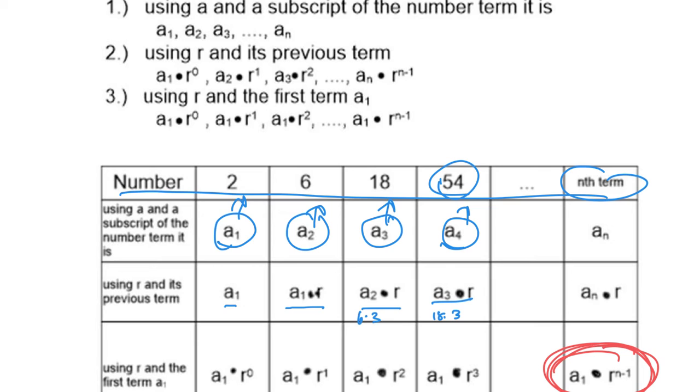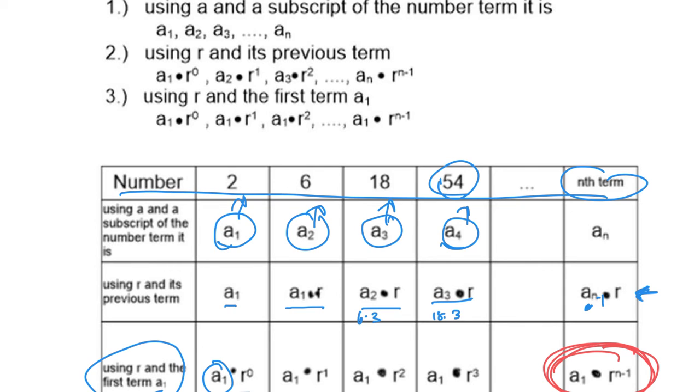So using this, whatever term you want, it should be the term before times your common ratio gets you the nth term. But for this one to work, you have to know what the term is right before where you're looking at it. This formula, you can figure out any term as long as you know the first term and your common ratio.